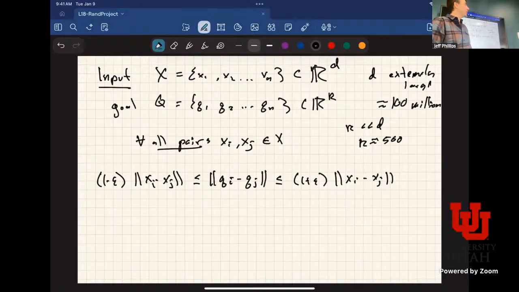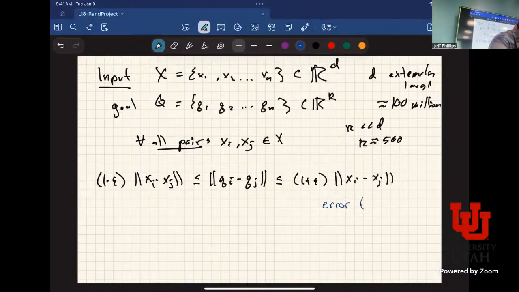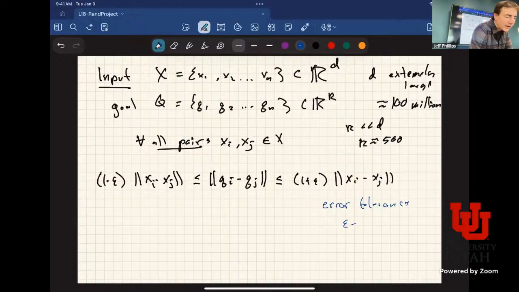Okay, so if I look at the Euclidean distance in the high dimensional space and I shrink it by a small amount, we can think of there's some error parameter, error tolerance, epsilon, and this should be in (0, 1), but you could think of epsilon maybe equals 0.1 or 0.001.